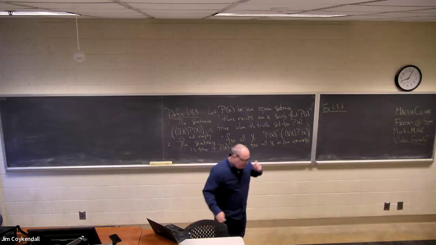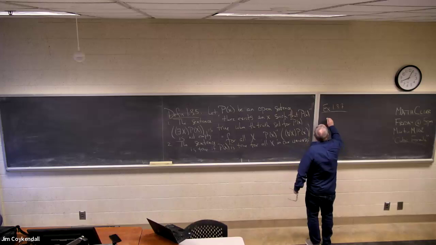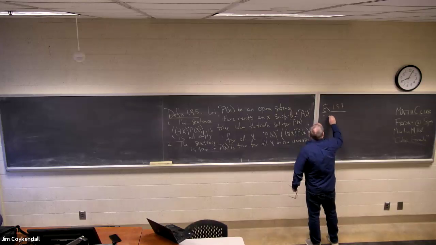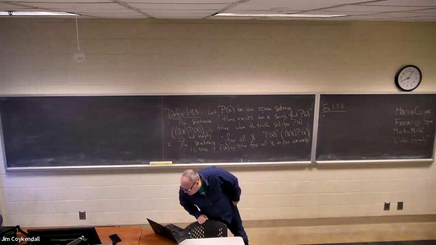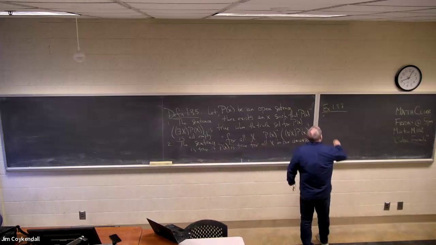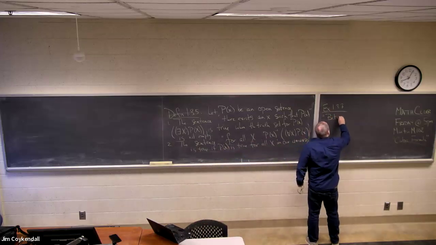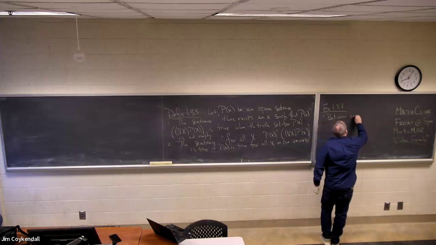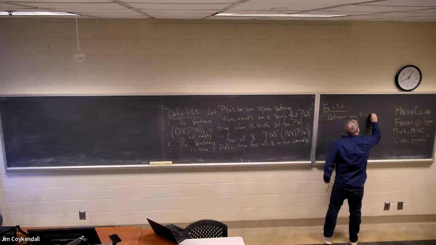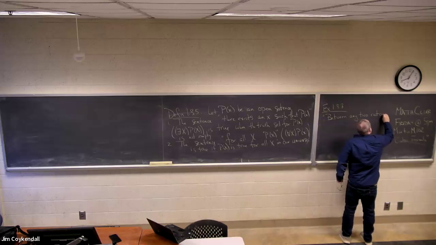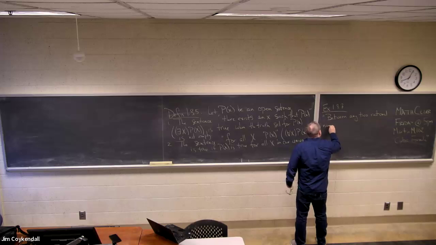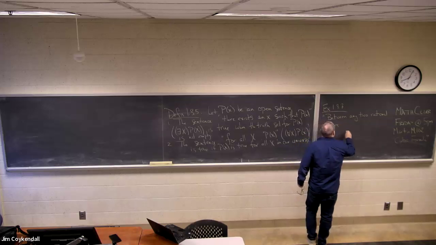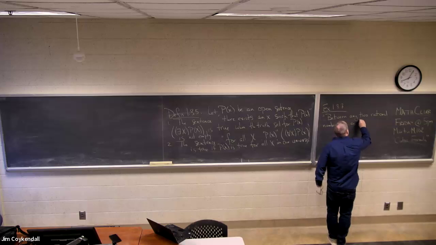Here's something that you might see: for any two rational numbers, there is an irrational number between them.